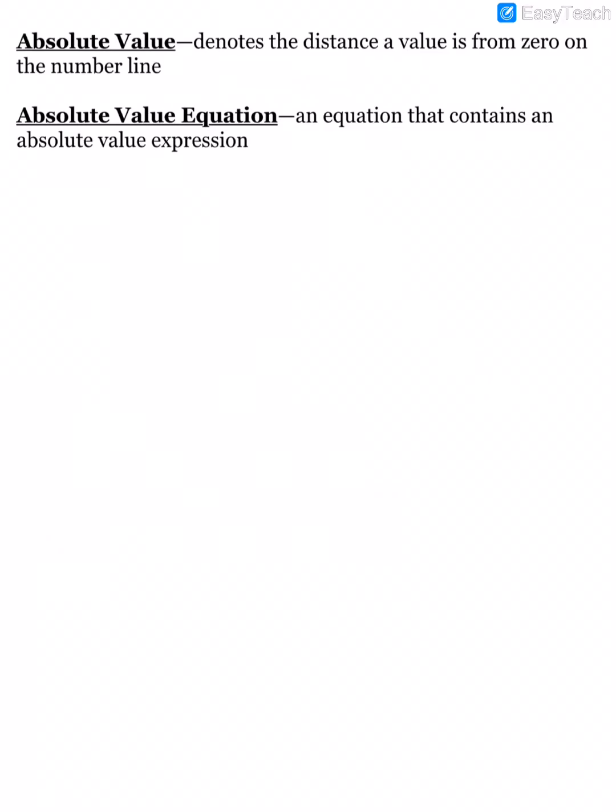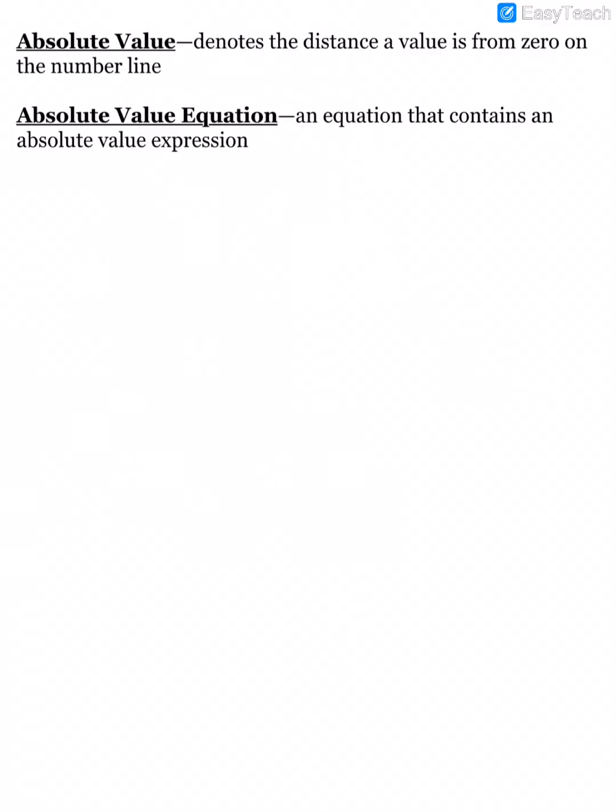All right, the last type of equation that we're going to talk about is absolute value equations. So first we need to define absolute value. Absolute value denotes the distance a value is from 0 on the number line. So the absolute value of a number is how far a number is from 0 on the number line.